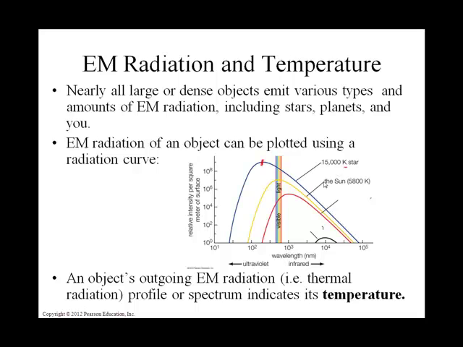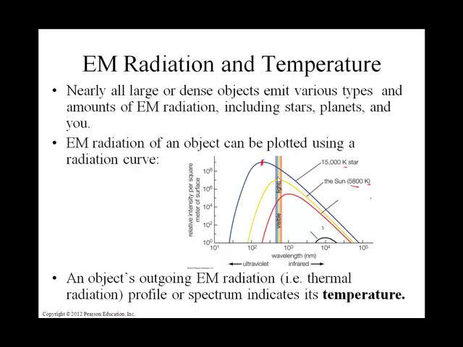The yellow radiation curve represents the distribution of energies we receive from our sun. The surface temperature of the sun is about 5,800 Kelvin. So can you see where our sun, 5,800 Kelvin, is cooler than the 15,000 Kelvin star, another star?